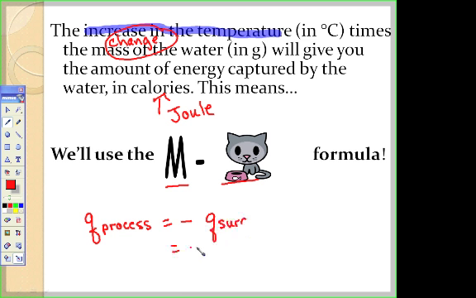So that's going to be equal to minus the mass times the heat capacity times delta T for our surroundings. So you really want to think carefully about whether these are endothermic or exothermic reactions.